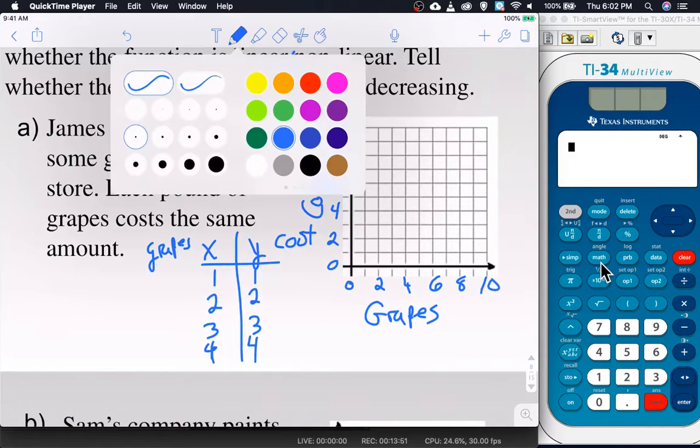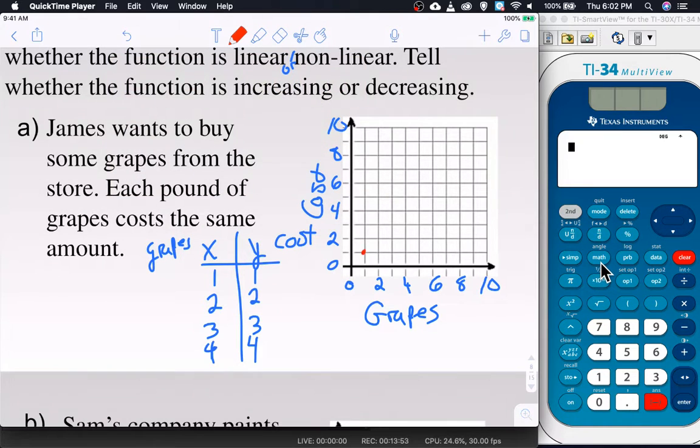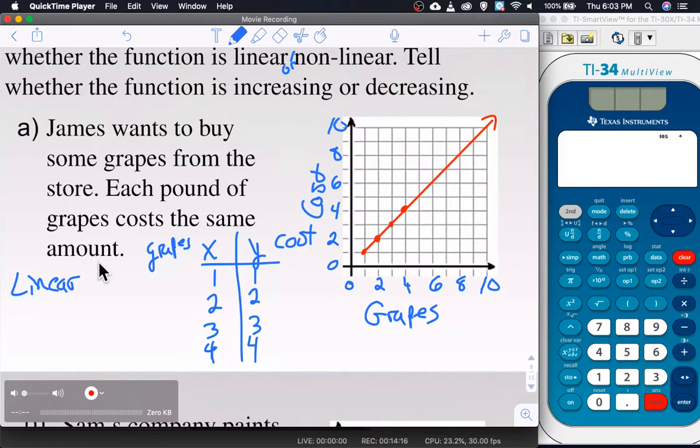Now, if I go through and I graph the points I have labeled, 1 pound, $1. 2 pounds, $2. 3 pounds, $3. 4 pounds, $4. We can get a feeling of the line that we're making. So this is a linear relationship because each pound of grapes costs the same.